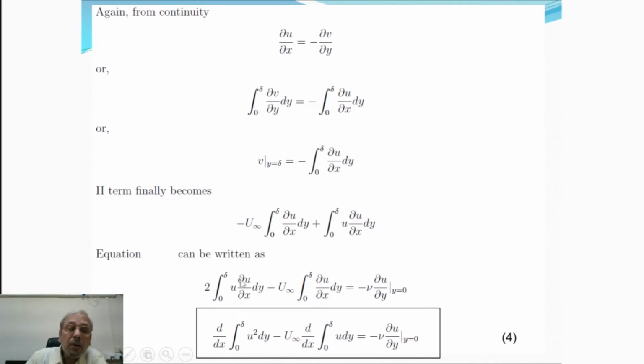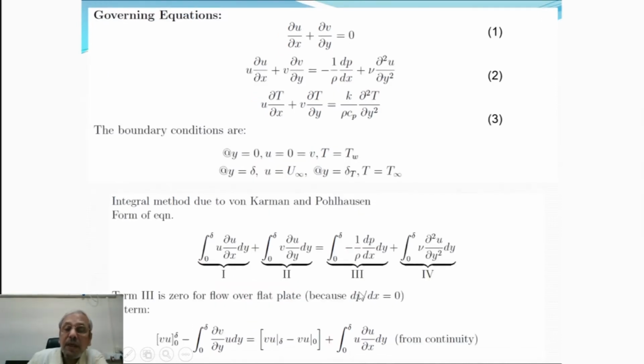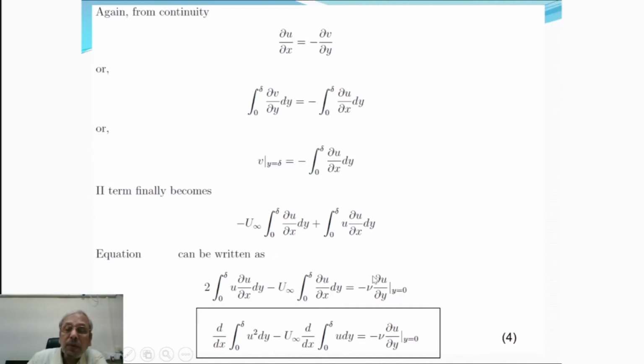Now combining all the terms, we get twice the integral 0 to delta u ∂u/∂x dy minus u infinity integration 0 to delta ∂u/∂x dy equal to minus nu ∂u/∂y at y equal to 0. Nu ∂u/∂y at y equal to 0 is shear stress divided by rho, because we have nu.